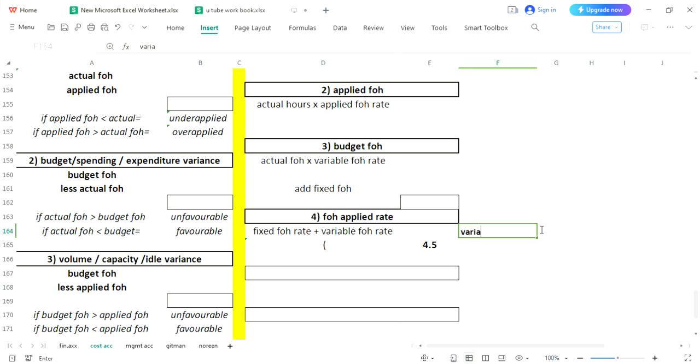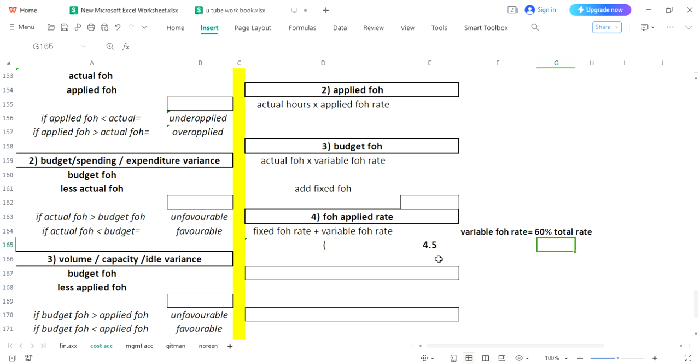So variable FH rate is what? 60% of total rate. Now total rate is provided by the book, 4.5, and you will take 60%.